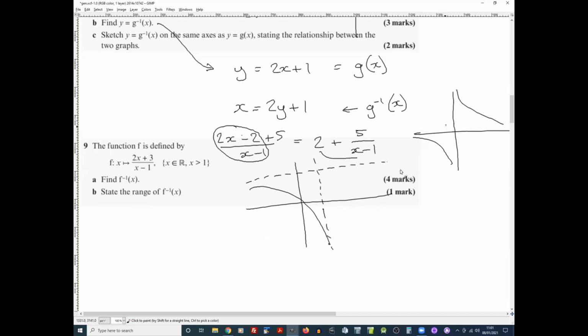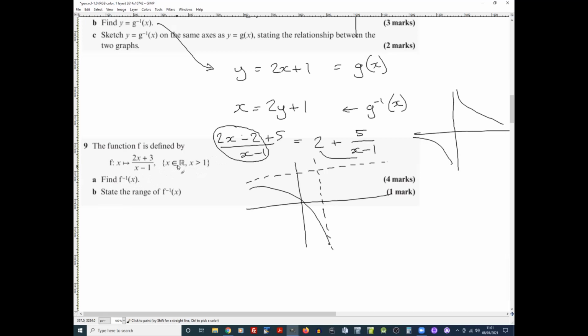Anyway, you didn't have to think about the graph in this case, because they're saying find the inverse of a function. They've said it's a function. They haven't said it's 1-to-1, but if they've invited us to find the inverse, it must be 1-to-1.